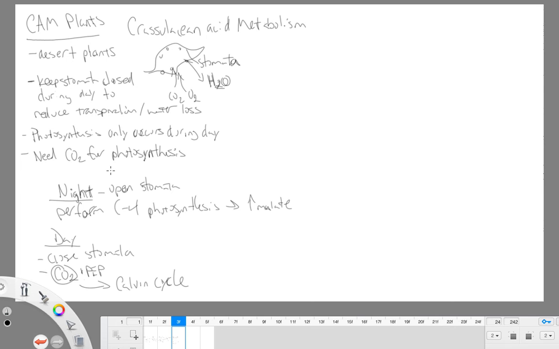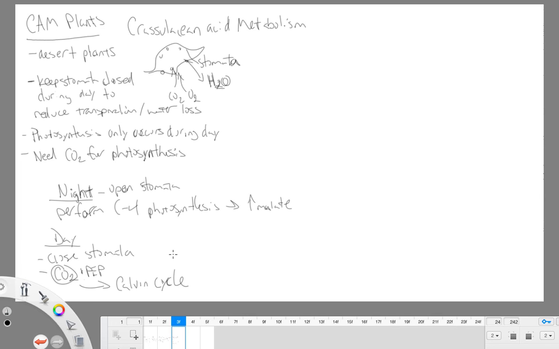So they're able to produce a molecule that is going to turn into carbon dioxide during the nighttime when they can keep their stomata open, they can fix it into that malate, they store that malate, and then during the day they convert that malate back to carbon dioxide and some PEP to go through this entire cycle. And now their stomata are closed, they have to worry less about water loss, and they have carbon dioxide still that they can then use for the normal Calvin cycle.